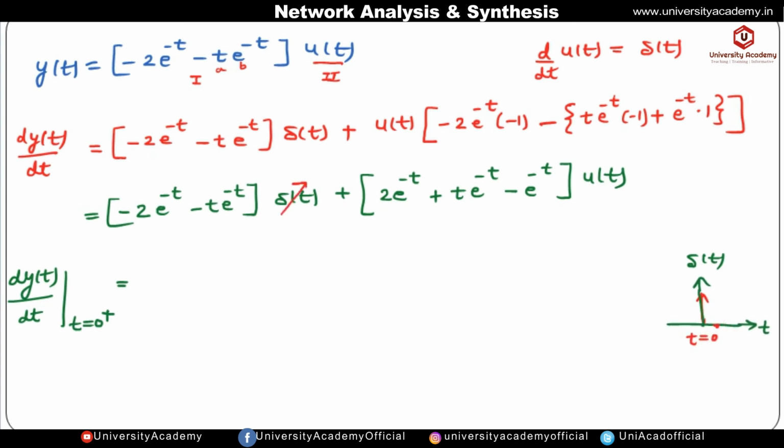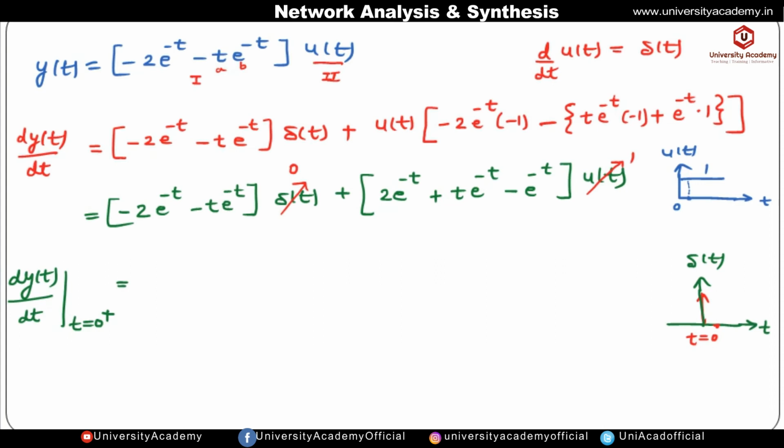So it means delta of t at t is equal to 0 positive is 0, and the u of t function value at t is equal to 0 positive is 1, because the unit step function is given by this. So this is u of t, its amplitude is 1 for t greater than 0. So at t is equal to 0 positive, somewhere here its value is 1.